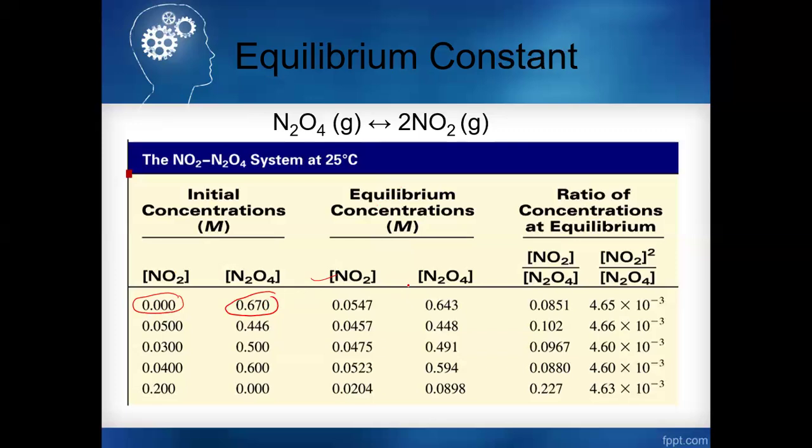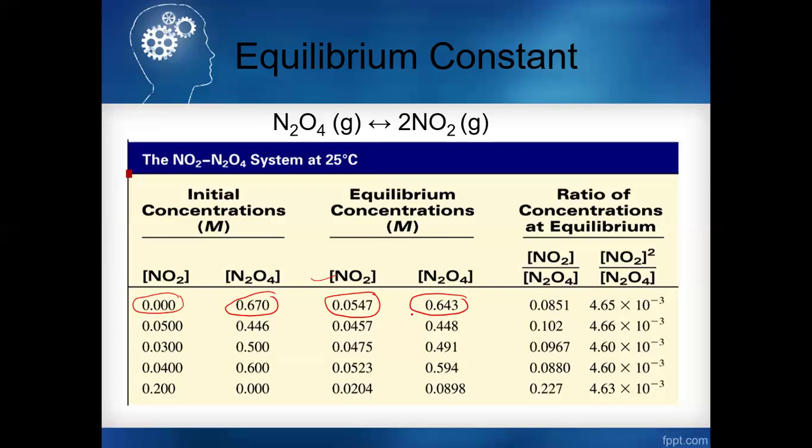You understand? And then there is a time where we're going to reach the equilibrium. Now, the concentration of the product and the concentration of the reactant is stable. It is no longer changing. Now we have reached the equilibrium. What does that mean?